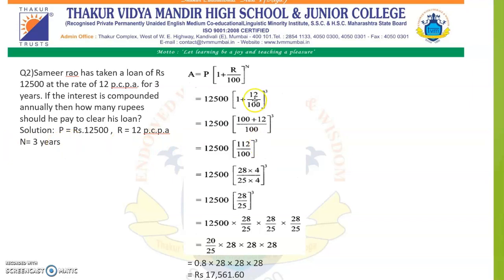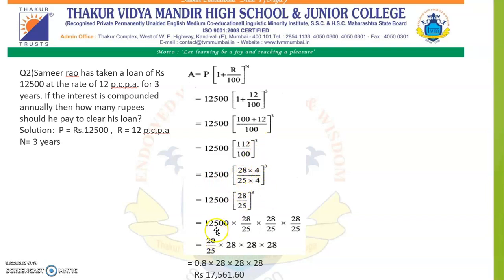3 years. Now we will write amount equal to P into 1 plus rate upon 100 raised to the power n. We substitute the values. The same way, 12,500 into 112 upon 100 to the power 3. Time period is 3 years. Again do the factors, cut the common factors.